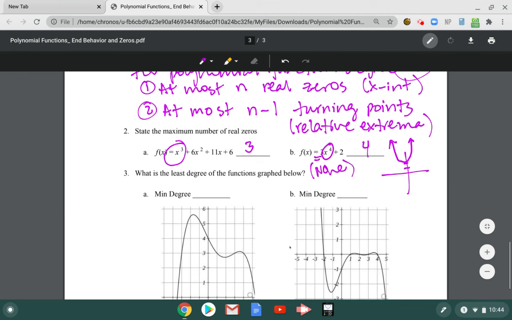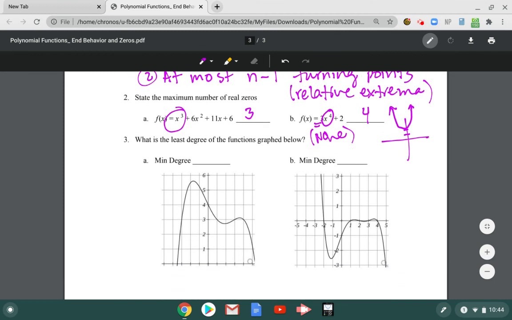Okay, so what is the least degree of the functions graphed below? This is based on turning points now. So the zeros aren't really helpful here. This one has 1, 2, 3 turning points.